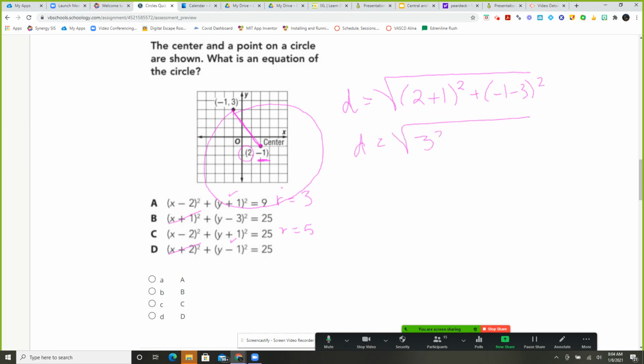So that's 3 squared plus 4 squared, which is going to be the square root of 9 plus 16, or the square root of 25, or 5. The other way to do it is to draw that triangle. And you know this is a right triangle. Oh, that's my 4 side, and that's my 3 side. So that's got to be a 5.